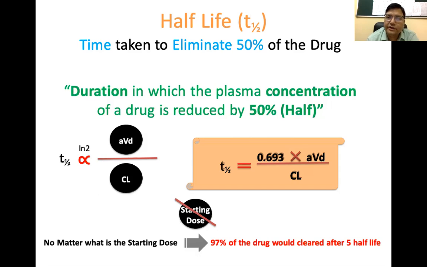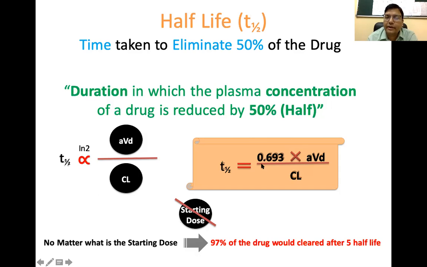The more the volume of distribution, the more will be the T half, and it is inversely proportional to the clearance. When the clearance increases, the T half, or the time of elimination of 50% drug, will decrease. And if clearance is low, then the T half will rise.